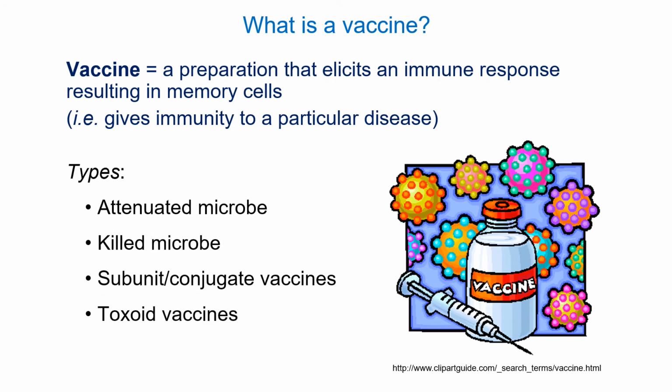So there are really 4 types of vaccines that are commonly used nowadays. With this new SARS virus, we're talking about this type of DNA vaccine. None of those are actually currently used, so I'm not going to address that. But I want to talk about these 4 types here.